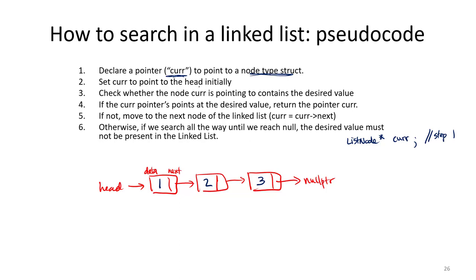And notice that we initialize our current pointer to initially point at head. So in this case, we have declared that pointer cur, and we have initialized it to first point where head points. This makes our current pointer point at the very first node.